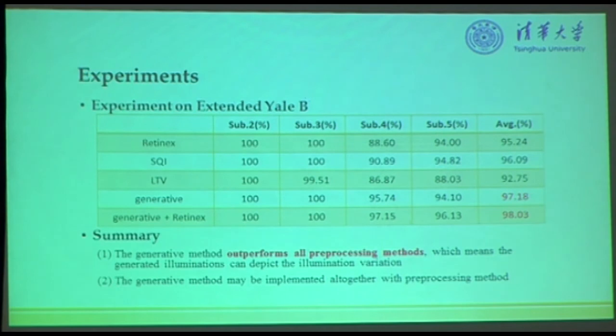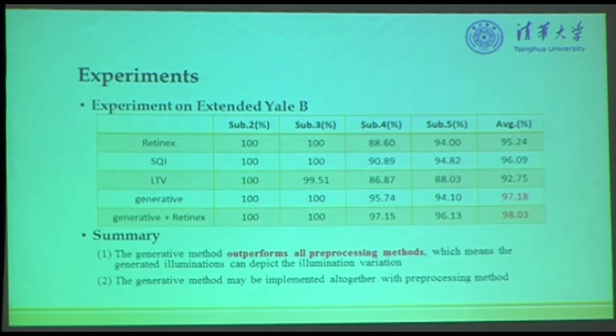And the results show that we compared our method with the pre-processing methods. The result shows that our generative method has outperformed all the pre-processing methods, such as Retinex and SQI or LTV.